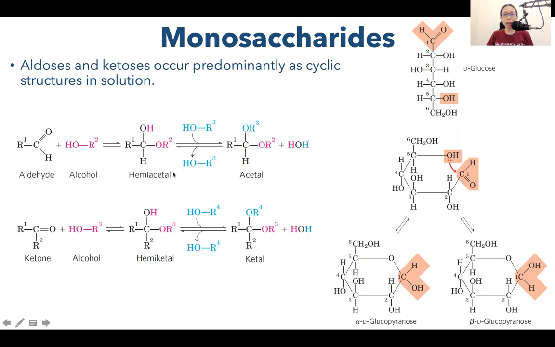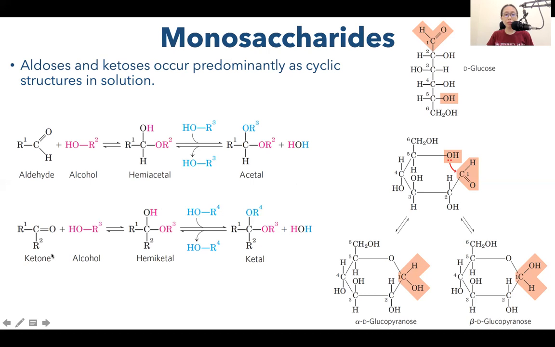In the hemiacetal structure, you have a carbon bonded to an OH and the same carbon bonded to an oxygen and then another hydrocarbon chain. The second alcohol molecule can still add to this carbon, replacing the alcohol with the OR chain. And this is called an acetal.